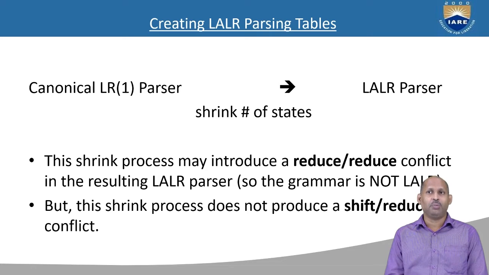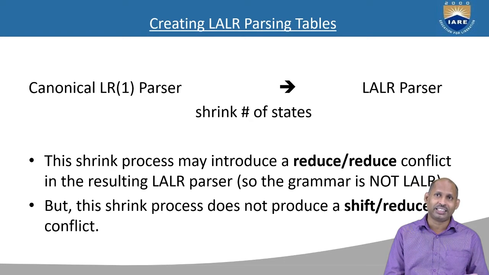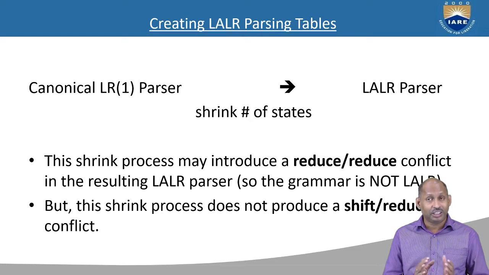So, the canonical LR parser's number of states shrinks, resulting in the LALR parser. To construct LALR, we must first construct canonical LR. After completing the construction of the canonical LR, we combine the groups which have the same productions with different lookahead symbols, resulting in the LALR parser.